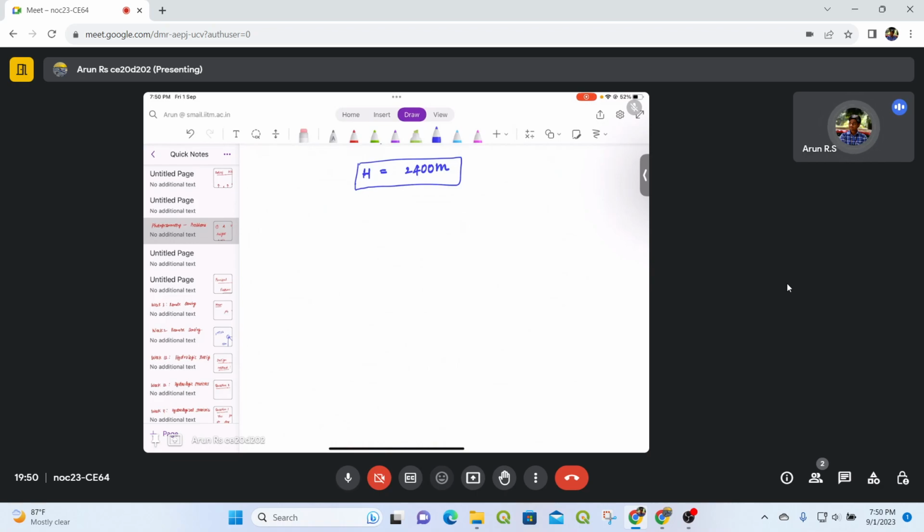Now we need to determine the exposure interval. For that we need to estimate the ground distance between two exposures, so the length between two exposures.